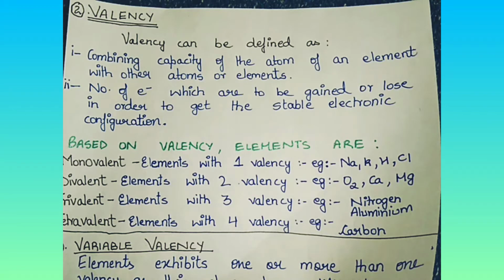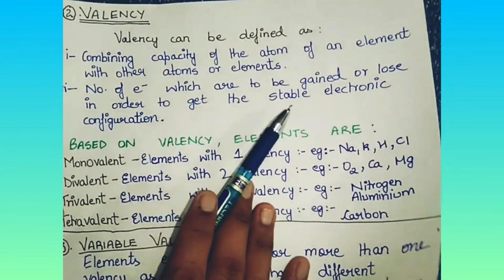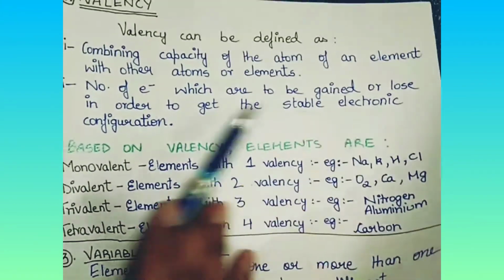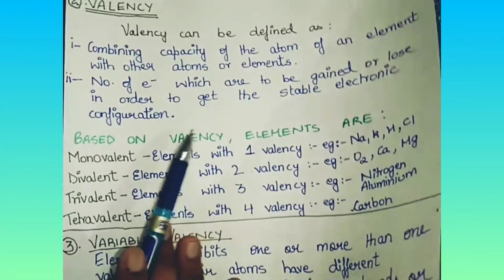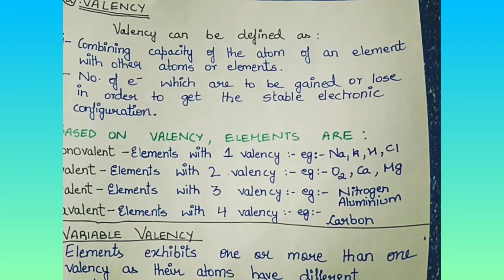You all know that in chemistry we learn about chemical reactions, and all these chemical reactions are based on the valency value. The second definition is the number of electrons which are to be gained or lost in order to get the stable electronic configuration. So valency indirectly means the number of electrons which are to be gained or lost in order to get the stable electronic configuration.